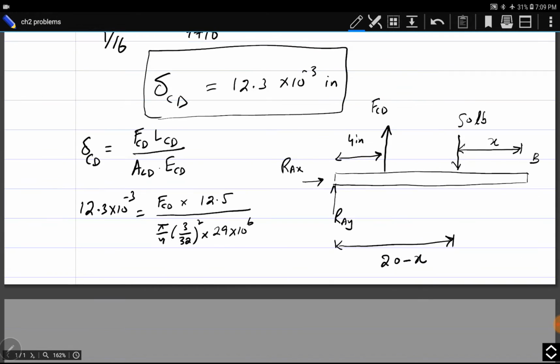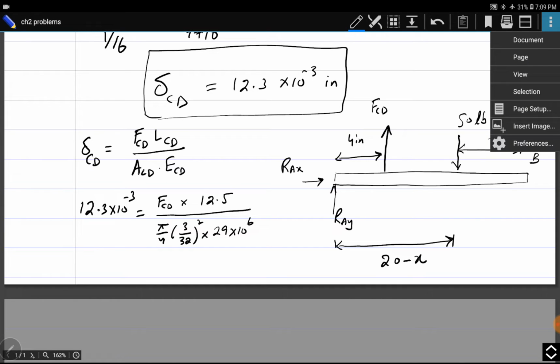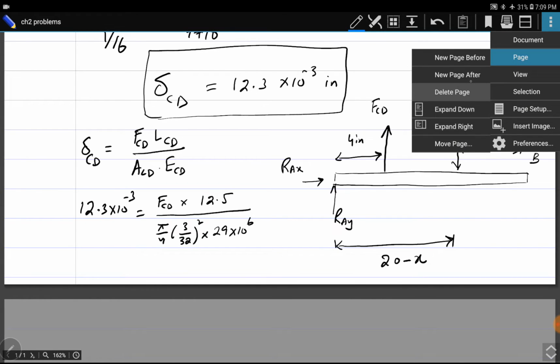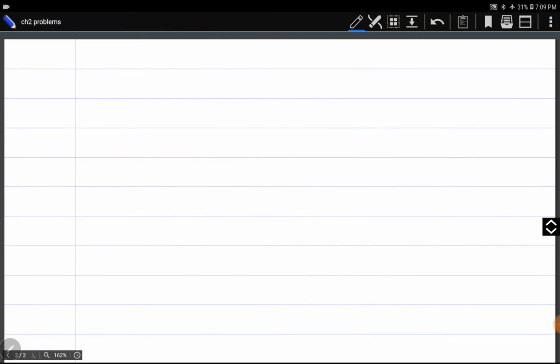So we can find FCD from here. You can do the calculations by yourself. I will directly write it as I have done the calculations. FCD will be 200.18 pounds.